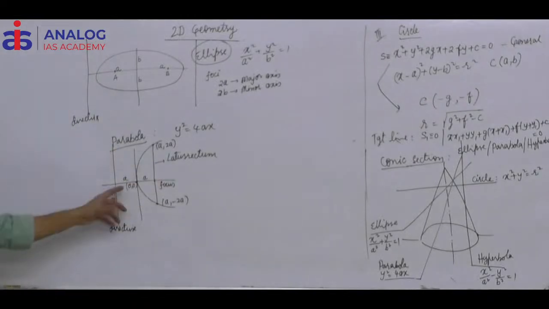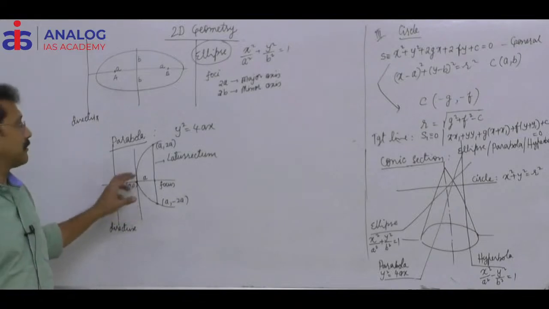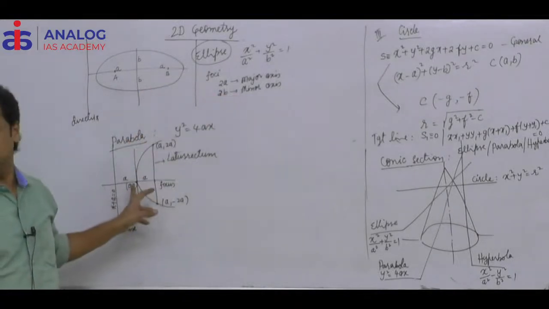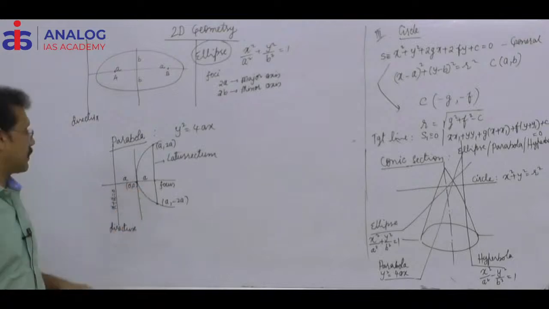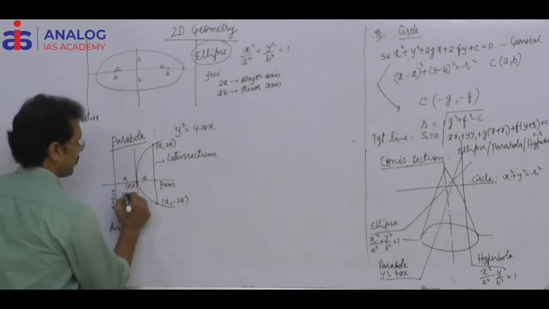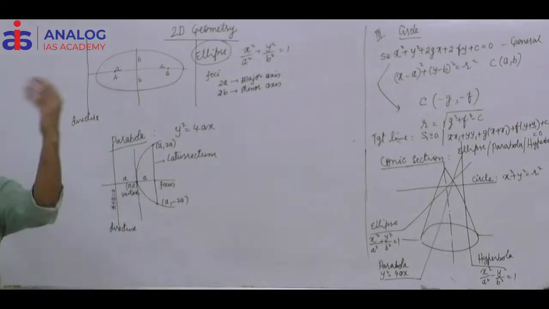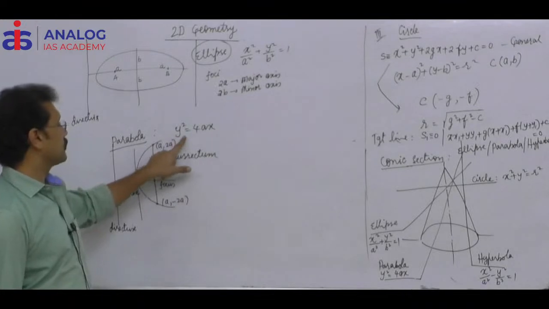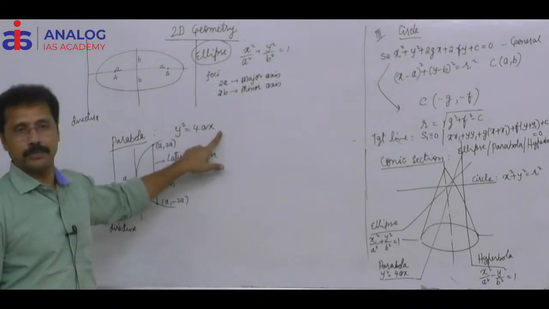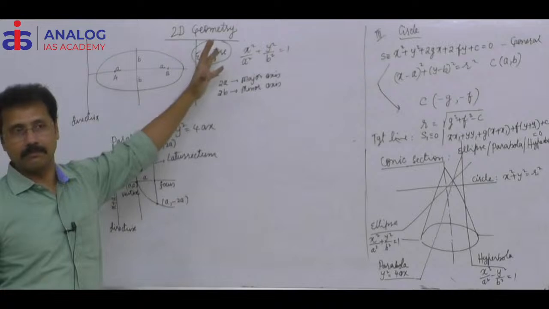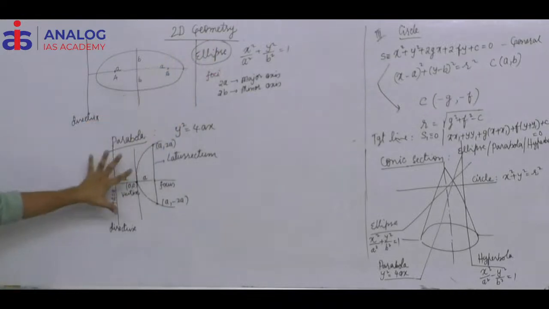Even instead of (0, 0), you can have (h, k) as the vertex. The vertex can be translated to (h, k), in which case it becomes (y minus k) whole square equal to 4a into (x minus h). Translation happened. This is what a parabola is.